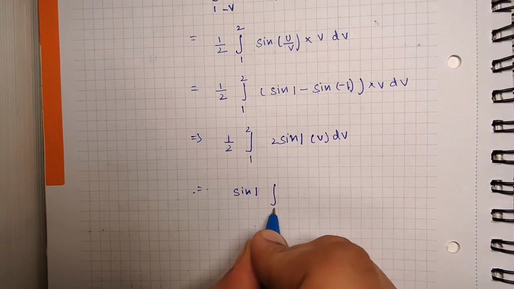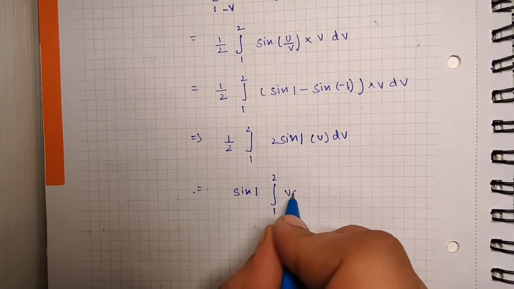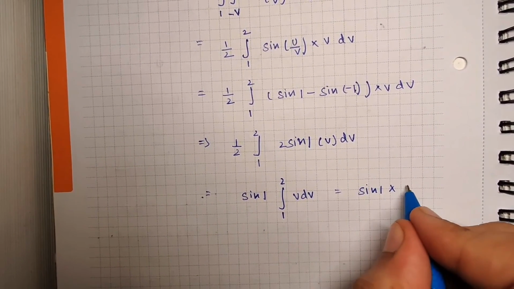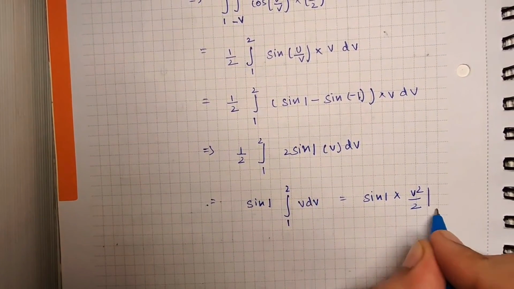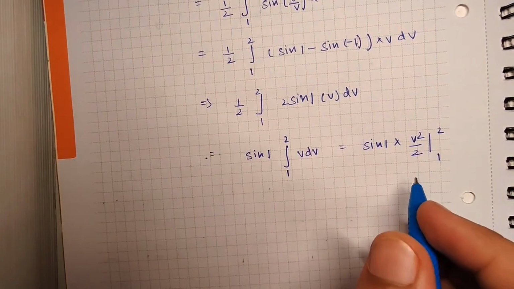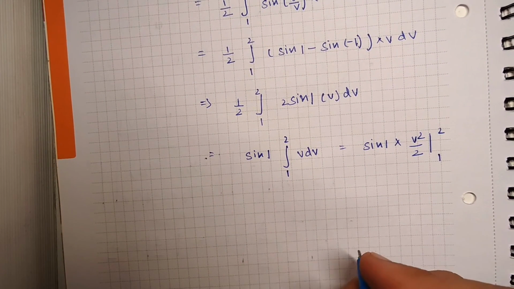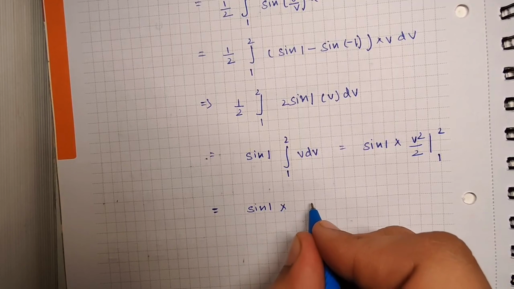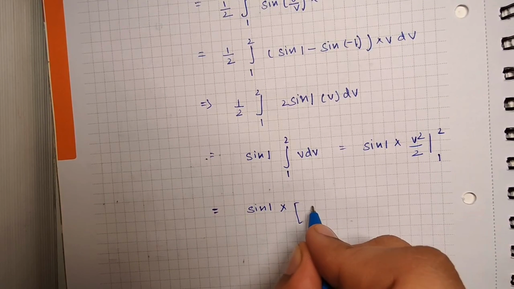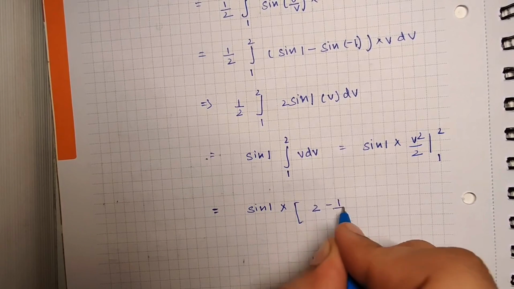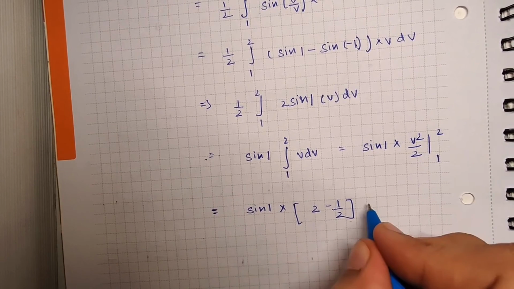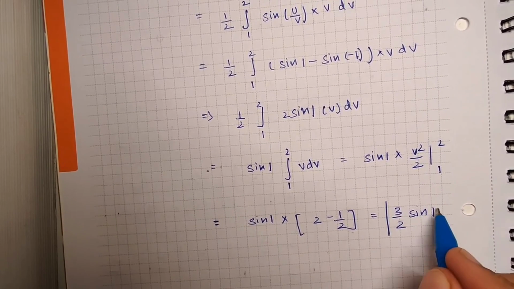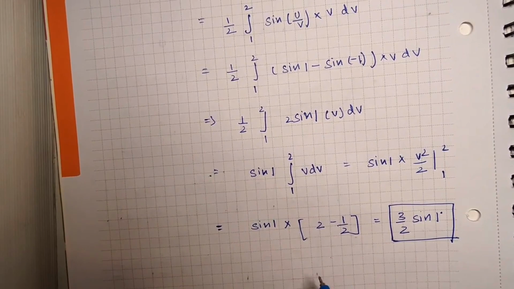So sin 1 times the integral of v dv, which is nothing but sin 1 into v square upon 2, and putting the limits, this would give us sin 1 into 4 upon 2, which is equal to, at the end, 3 by 2 sin 1, which is our answer for the integration.